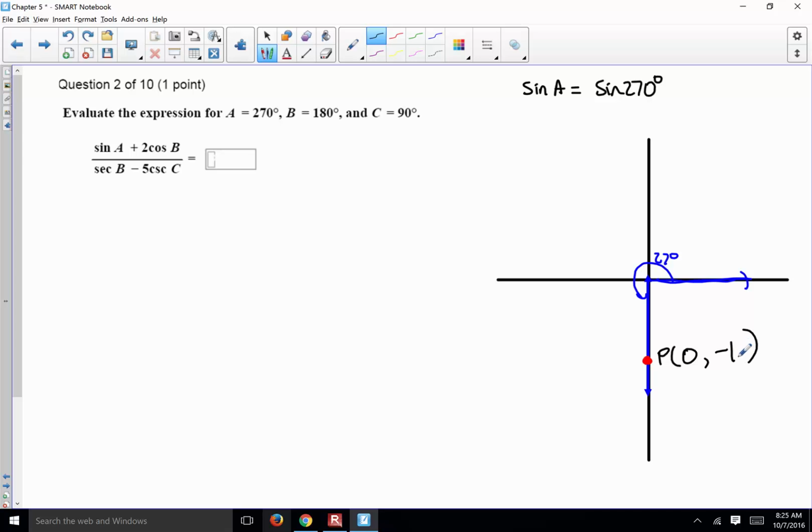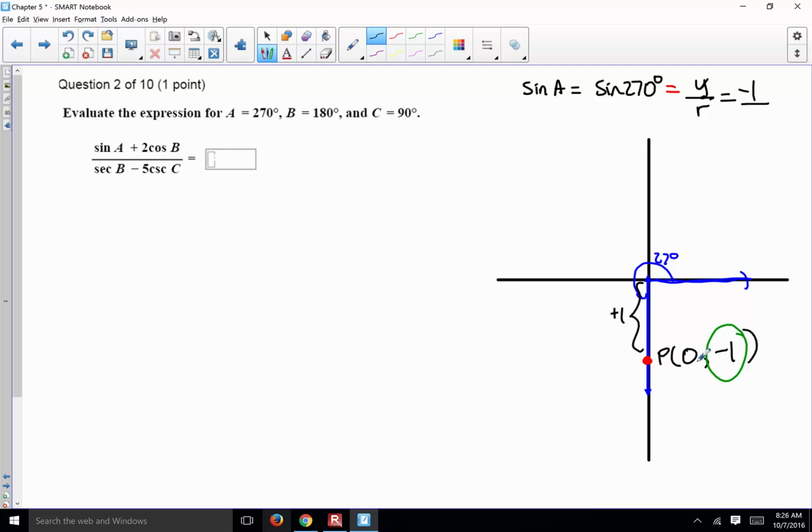Okay? Alright? So, sine 270 is now y over r. What is the y value you went with? Right? -1. Okay, what is the r value? R is the distance from this point to the origin. What is this distance?